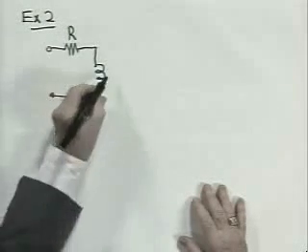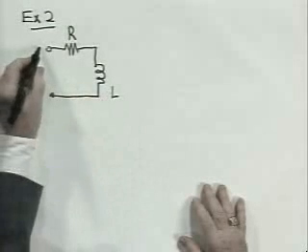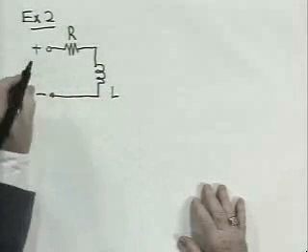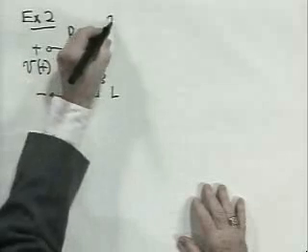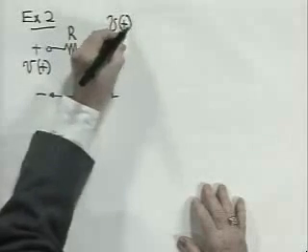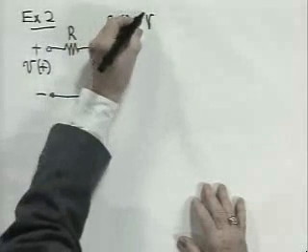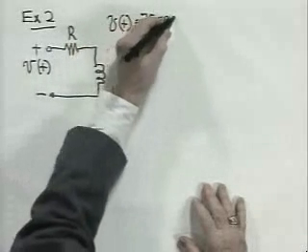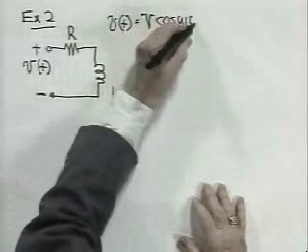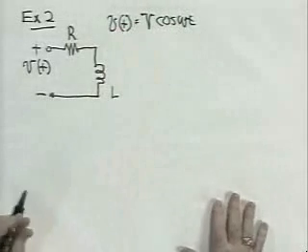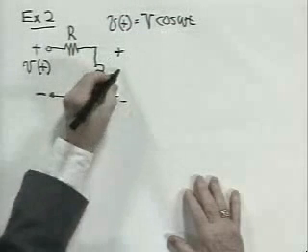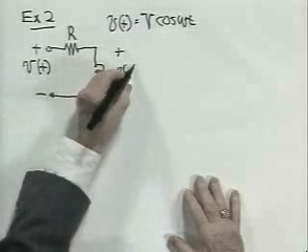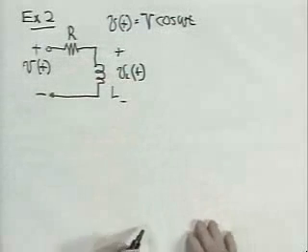This is R, this is L. I'm going to drive this with some voltage V of t, which has the form V of t equals amplitude V cosine omega t. And I want to find the voltage across the inductor. That is, I want to know what V sub L of t is.